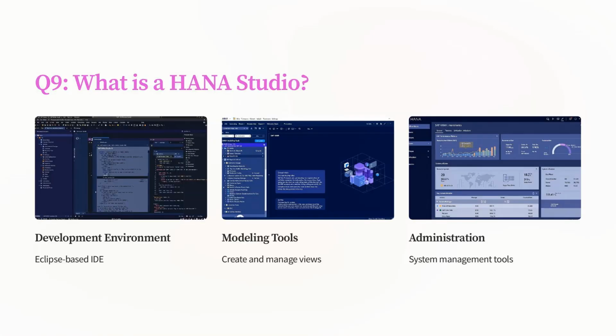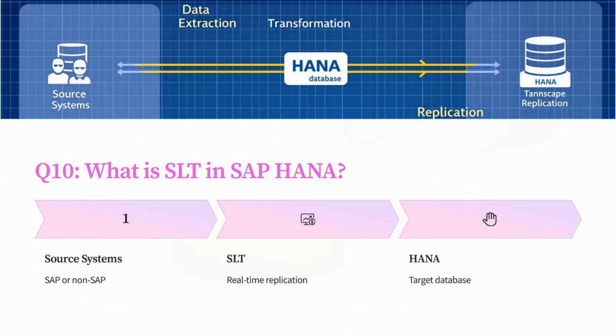What is HANA Studio? SAP HANA Studio is an Eclipse-based IDE used for modeling, administration, and data provisioning tasks in the SAP HANA environment. 10. What is SLT in SAP HANA? SLT, SAP Landscape Transformation, is a real-time data replication tool that transfers data from SAP or non-SAP systems into HANA.